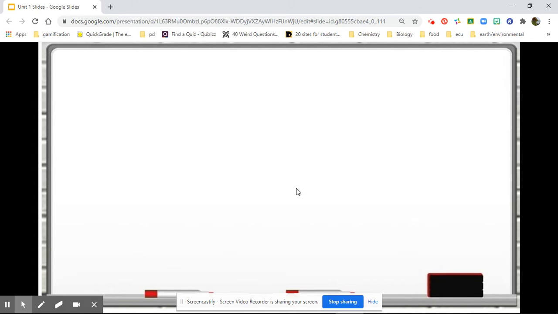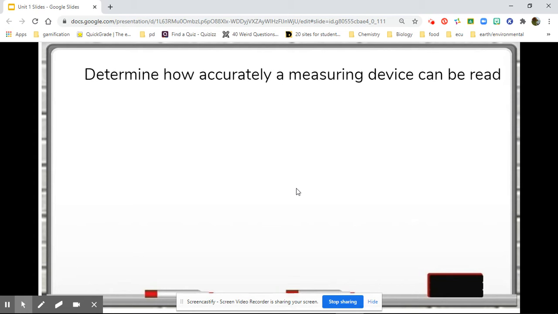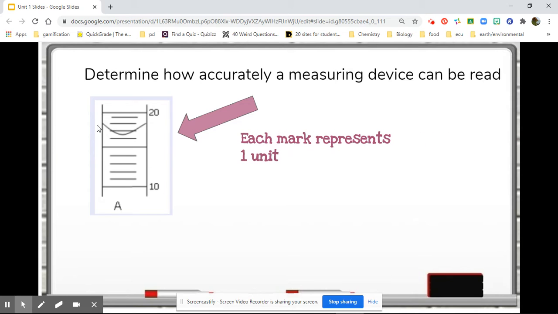So when we look at a measuring device, the first thing we want to do is determine its scale. We'll be looking at this graduated cylinder today. You can see that curved line represents the height of the liquid, and each of these marks represents one unit.